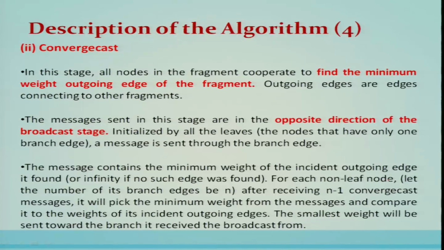The message contains the minimum weight of the incident outgoing edge it found. For each non-leaf node, let the number of its branch edges be n. After receiving n-1 convergecast messages, it will pick the minimum weight from the messages and compare it to the weight of its incident outgoing edges. The smallest weight will be sent towards the branch it received the broadcast from.